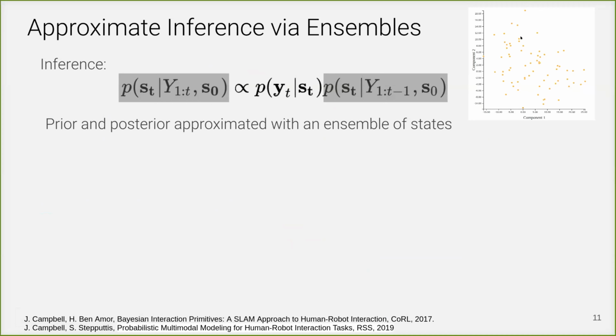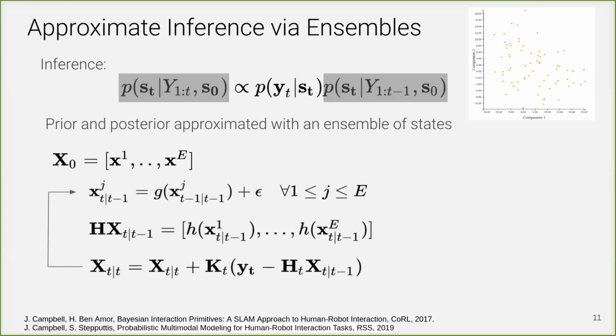We don't need to fit a Gaussian or any sort of distribution to this. But it also means that we can use this ensemble both for our prior as well as for our posterior. Now this may look similar to particle filtering. However, we use a specific inference process that allows us to get away with way fewer particles or ensemble members than you would normally have in a particle filter.